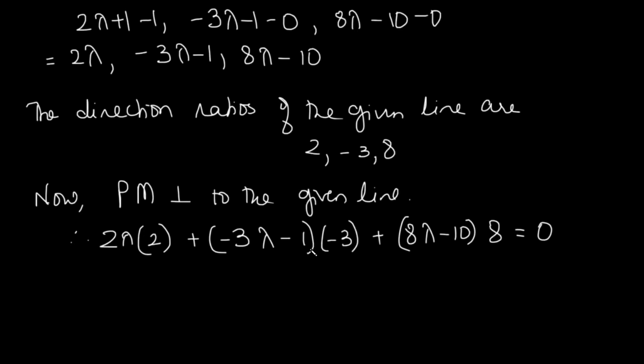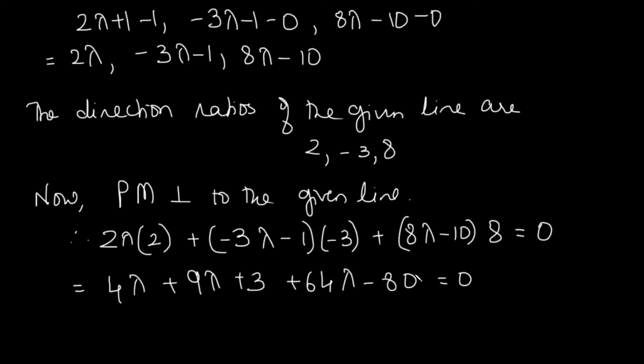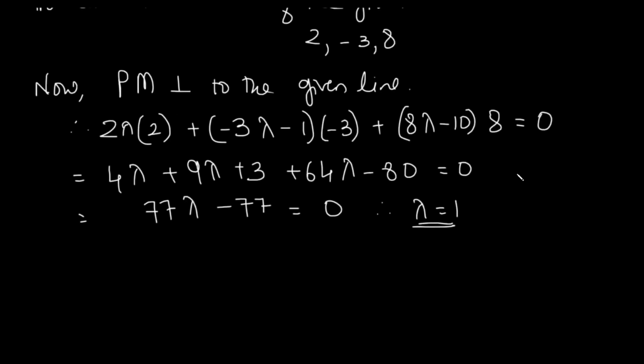Thus we get 4 lambda plus 9 lambda plus 3 plus 64 lambda minus 80 is equal to 0. This gives us 77 lambda minus 77 is 0, and therefore lambda is equal to 1.